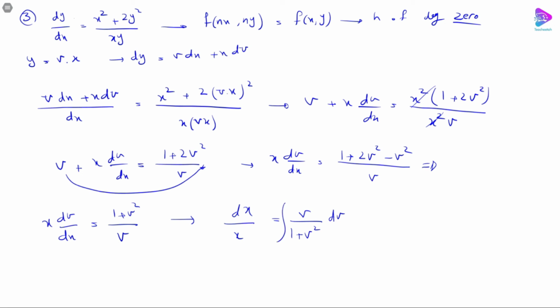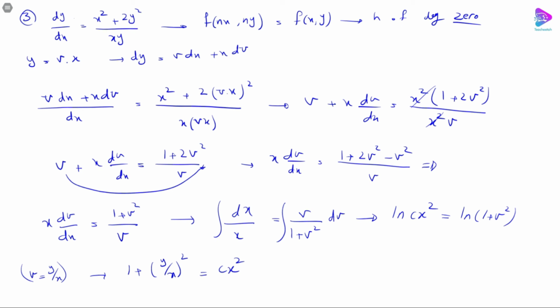And then we can integrate. If we integrate, you'll see that this is actually ln c x squared equal to ln of 1 plus v squared. And then we can say, remember v was equal y over x, right? So basically 1 plus (y over x) squared is equal to c x squared.